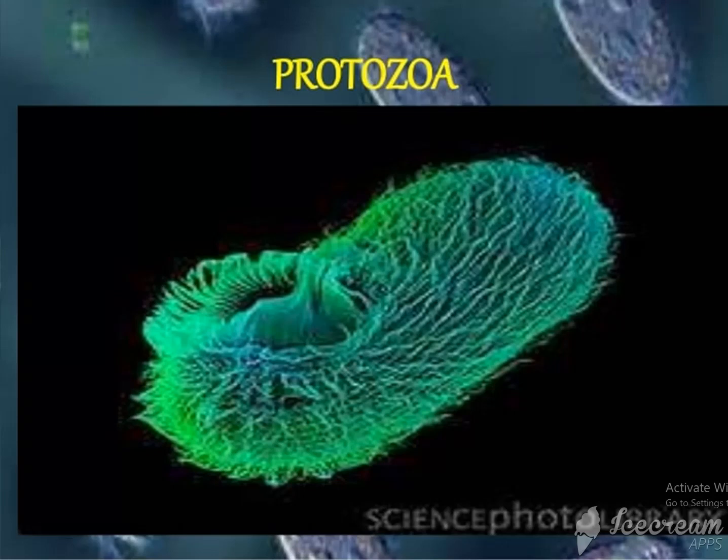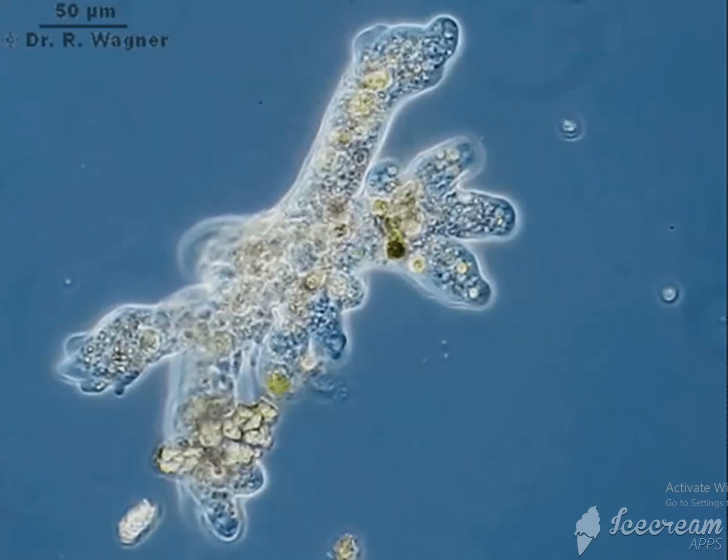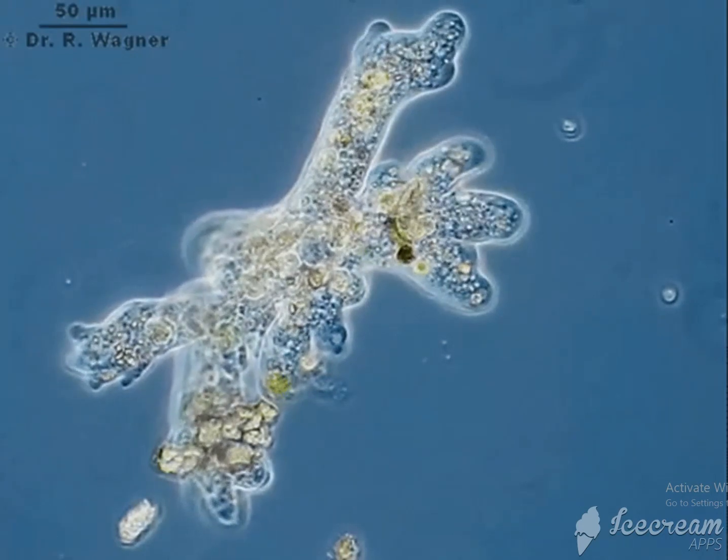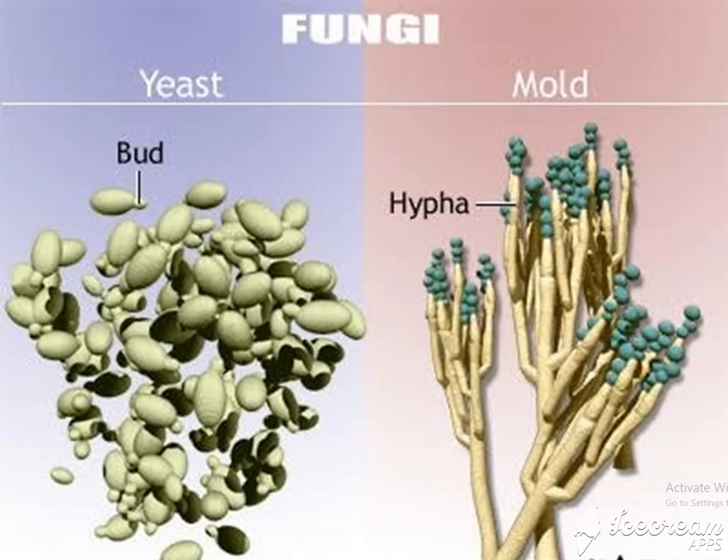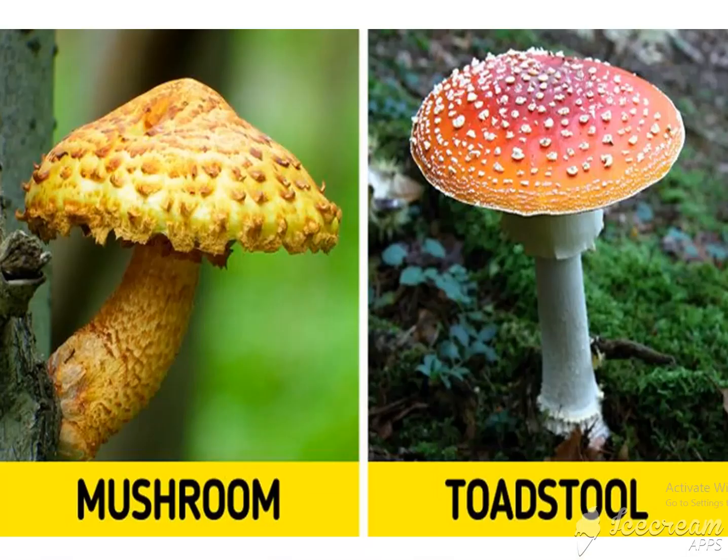Then protozoans, they are the animal-like microorganisms. They are unicellular, and amoeba, paramecium, euglena are some of the examples. And fungi are unicellular as well as multicellular. Yeast and mold are the unicellular microscopic fungi, and the mushroom and toadstool are the macroscopic multicellular fungi.